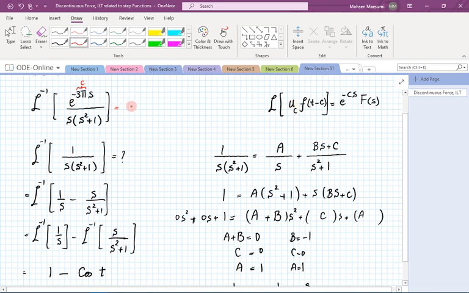U of c, so I'll have the u of 3 pi and then times f of, so this is my function, I have to delay it by c, which is 3 pi seconds. A constant, if you delay it or don't delay it, it doesn't make any change to it. It's the same constant. So delayed version of 1 is just 1. Delayed version of cosine of t is cosine of t minus 3 pi.